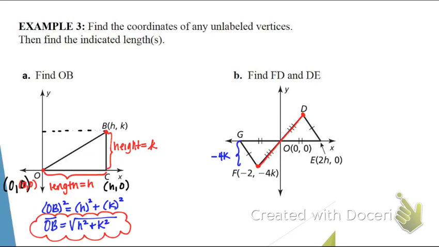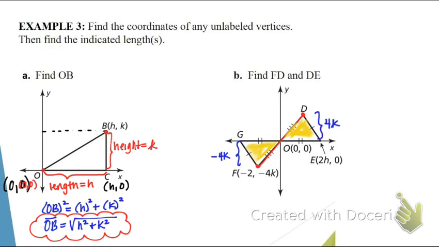Okay, let's take a look at part B. So one of the things that I need to do is I need to find the coordinates of point D if I'm going to find the length of FD. So I notice that F is negative 4K spaces down from the x-axis. But since these two triangles are congruent to one another, if F is negative 2 and negative 4K spaces down, then D should be positive 4K spaces up.